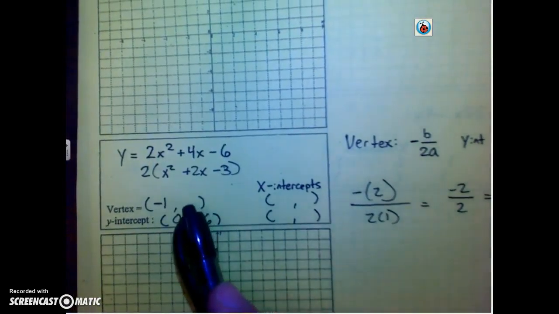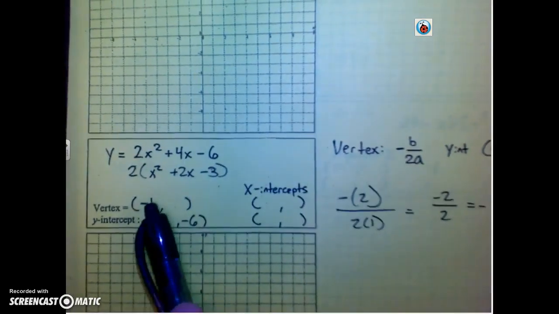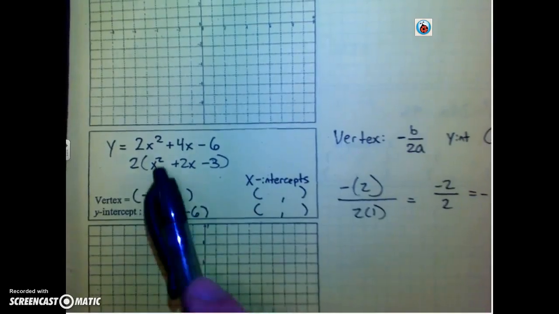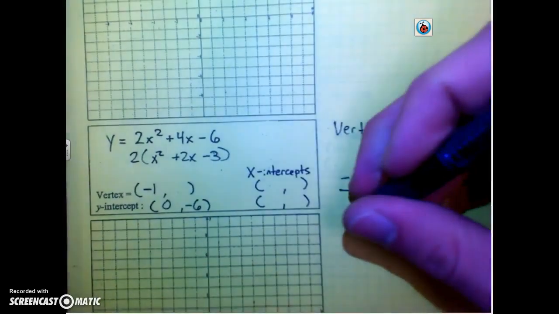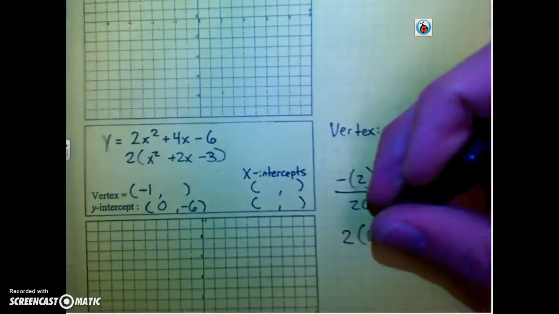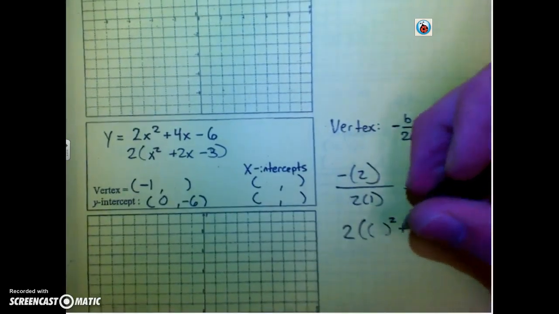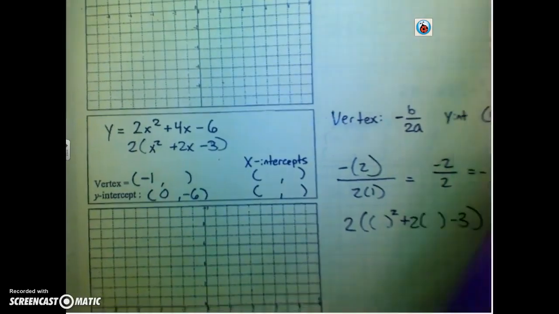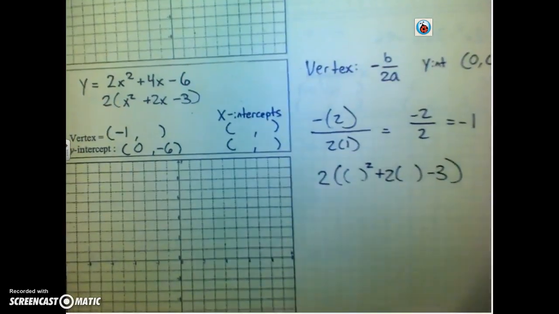Now remember, to find the y-coordinate, we need to plug this x-coordinate into either one of these equations. I'll choose this second one just because it's a little bit smaller. So I'm taking the original equation, and everywhere I have an x, I'm plugging in a negative 1.